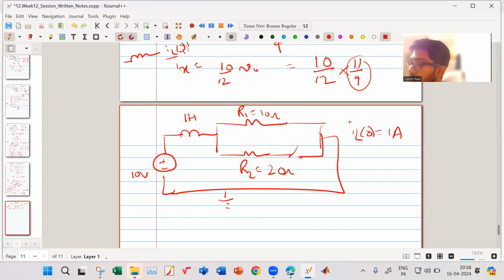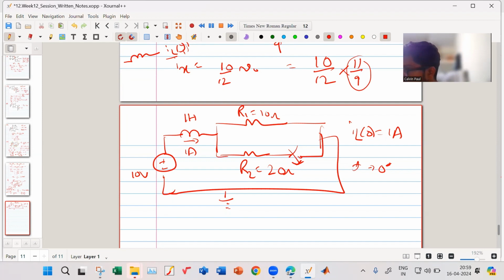Now you close the switch at t equals 0. Your current over here was 1 ampere, and now you are suddenly closing the switch. What will be the current through the resistors?